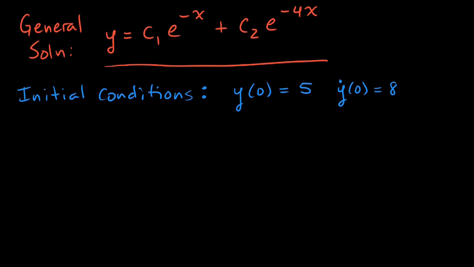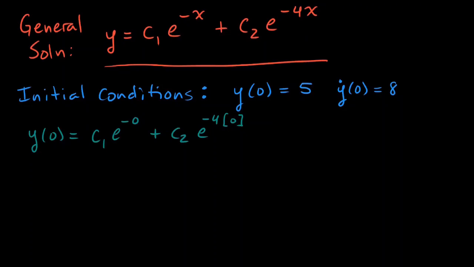So what does that mean? Well, if we're going to evaluate y under these conditions, then looking for the value of y itself, y of 0 equals C1 e to the minus 0 plus C2 e to the minus 4 times 0.